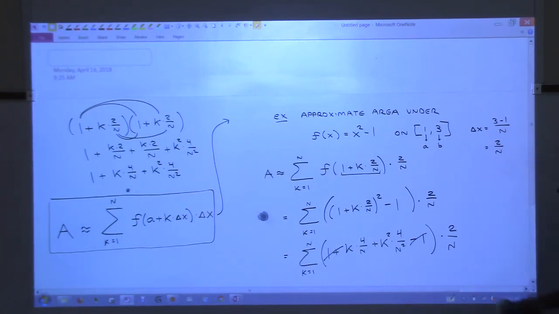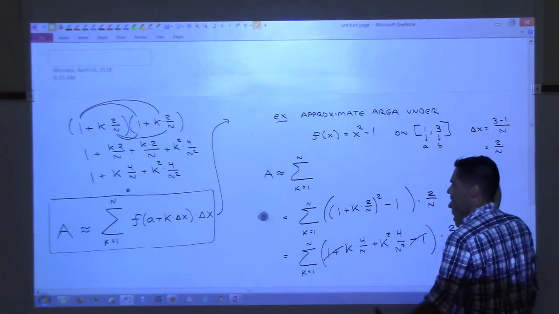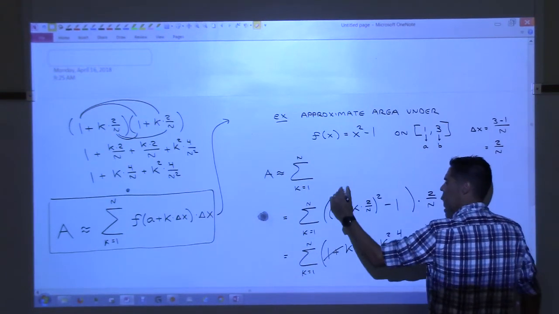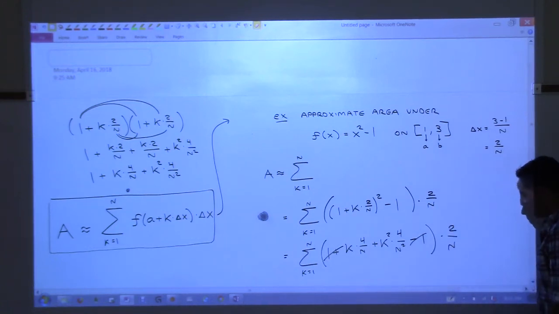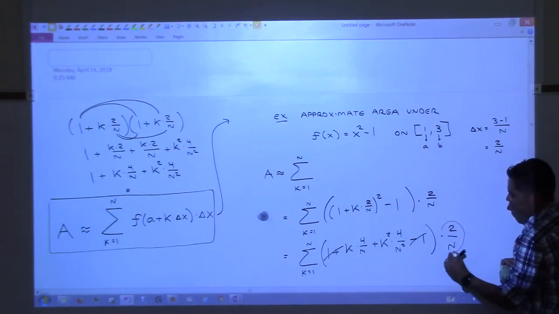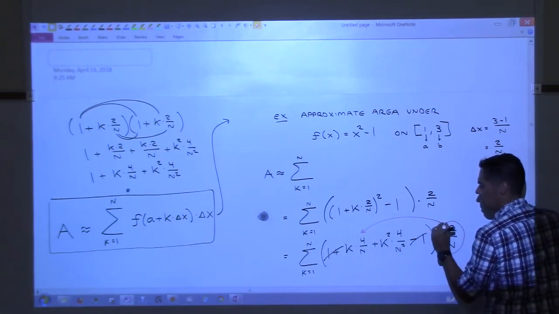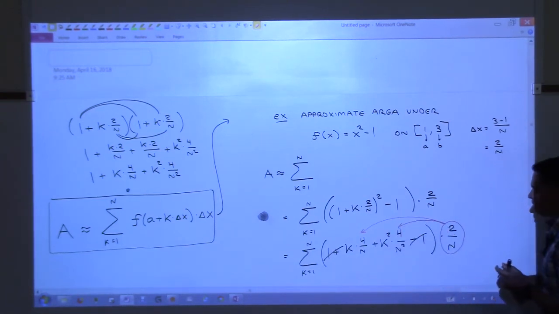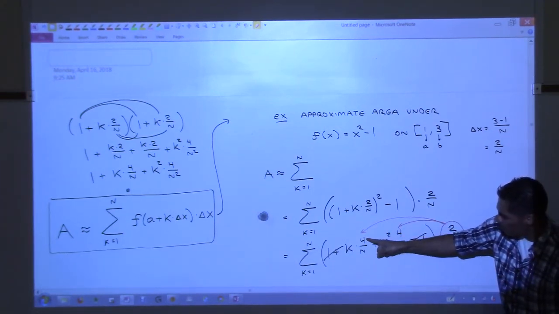Okay, let me try and clean that up a little bit. I'm going to squeeze that in right here. All right, so I have the sum k equals 1 to n, and I've got, can I take this and now distribute this through like this in here, because those ones were gone, right? I should be able to do that, right? So if I multiply 2 on top here, won't that become an 8?